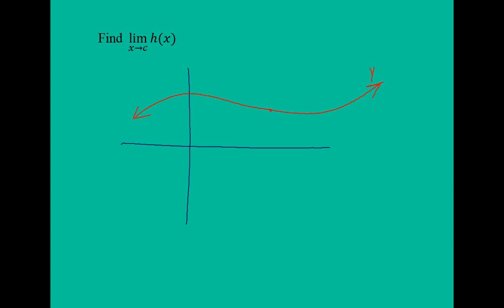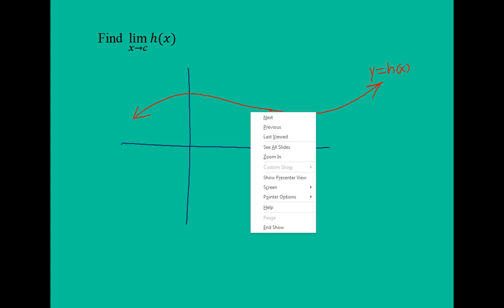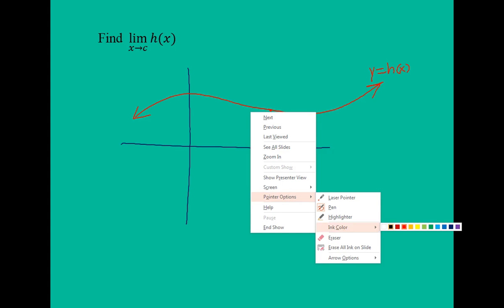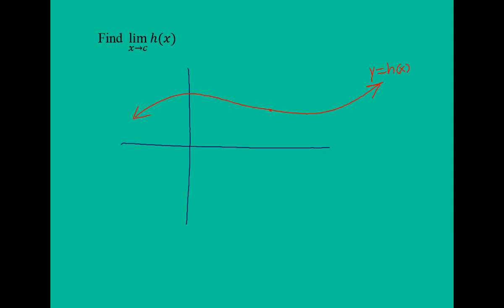We'll call this y equals h of x. We're trying to find the limit of this function as x approaches c. So let's say this is x equals c. So we would see that the limit was here.